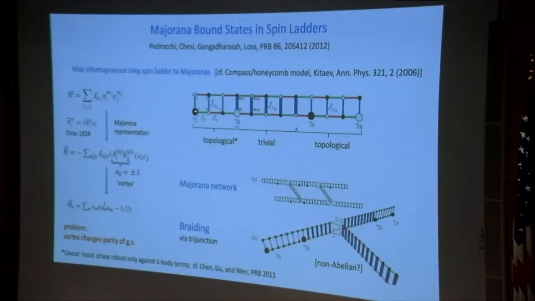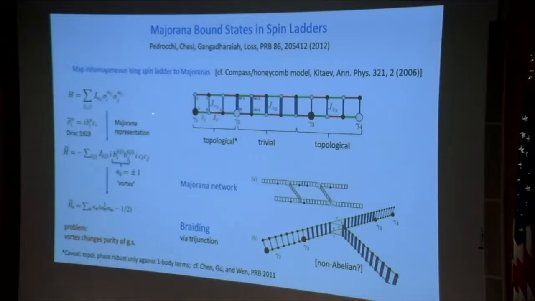Along this axis it is Y-Y interaction, then here X-X, and the blue one is Z-Z. This is a quasi one-dimensional version of the so-called compass or honeycomb model, which has a long history, but has been worked on also by Kitaev to look for Majorana-like excitations in the system.